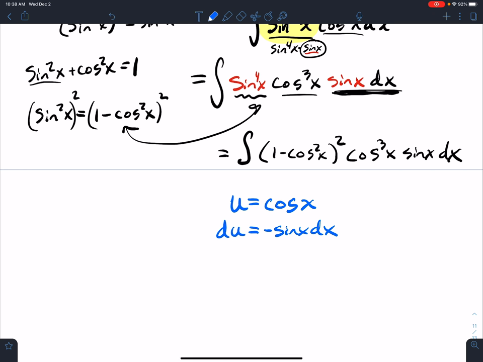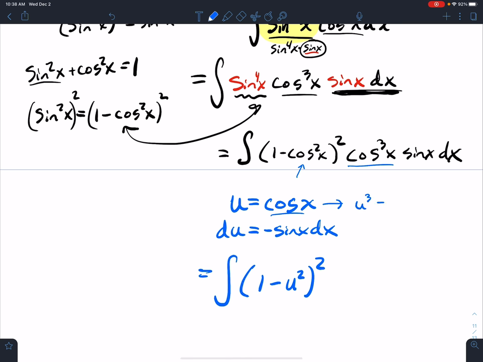So how am I going to handle this? I'm going to replace every cosine with a u. So this becomes the integral of (1 minus u squared), that quantity squared. And then I have, well, once again, if I cube u, I get cosine cubed x. So you see that's u cubed.